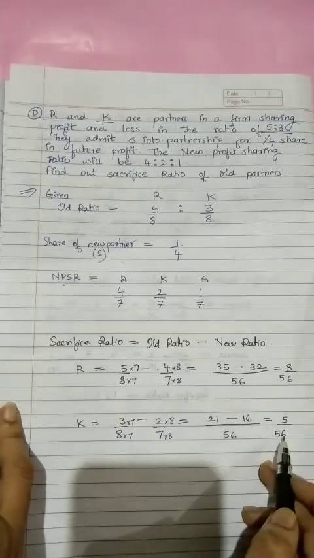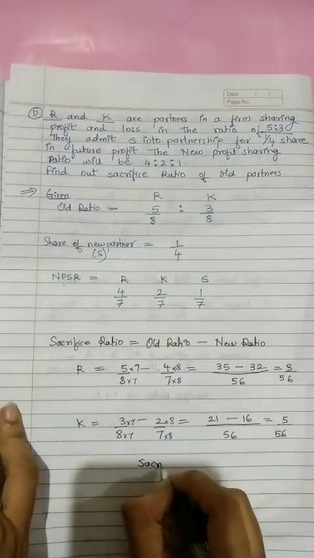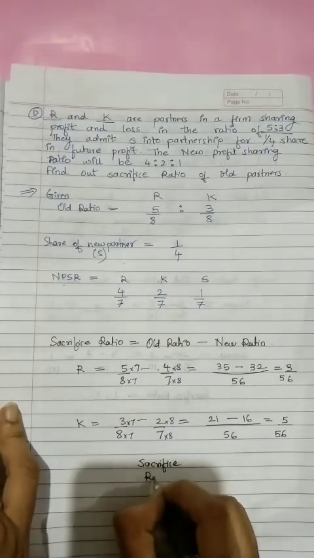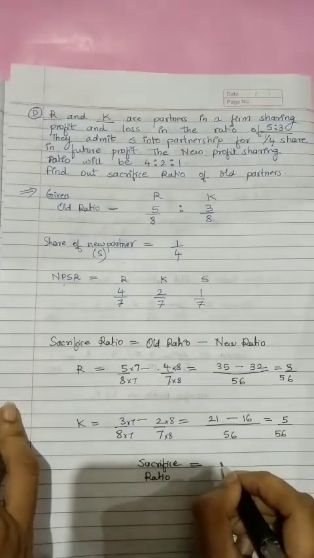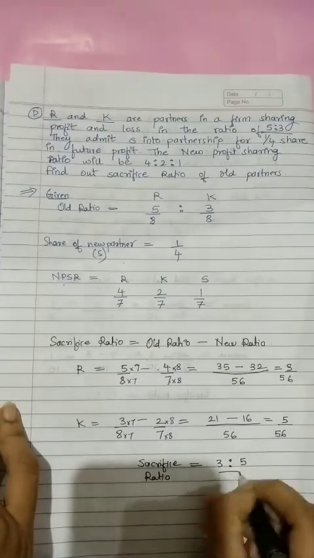Okay, the denominator is the same now. So the sacrifice ratio of old partners is 3:5.